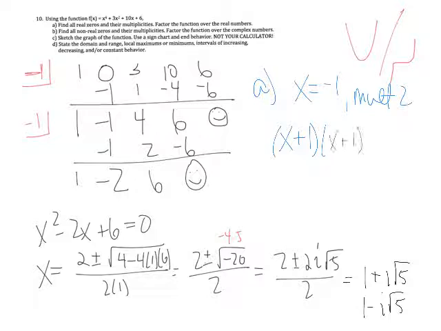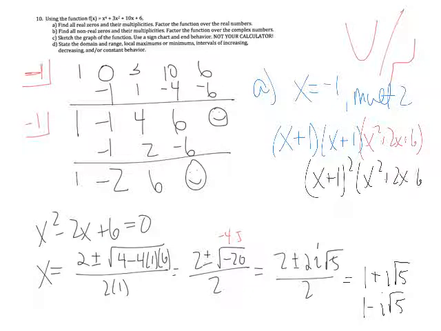And then you had your x squared minus 2x plus 6 left over. So factored, it would be x plus 1 quantity squared times x squared minus 2x plus 6. That's all it means when you factor over the real numbers: you factor it down to the most basic that you can without getting into your imaginary.